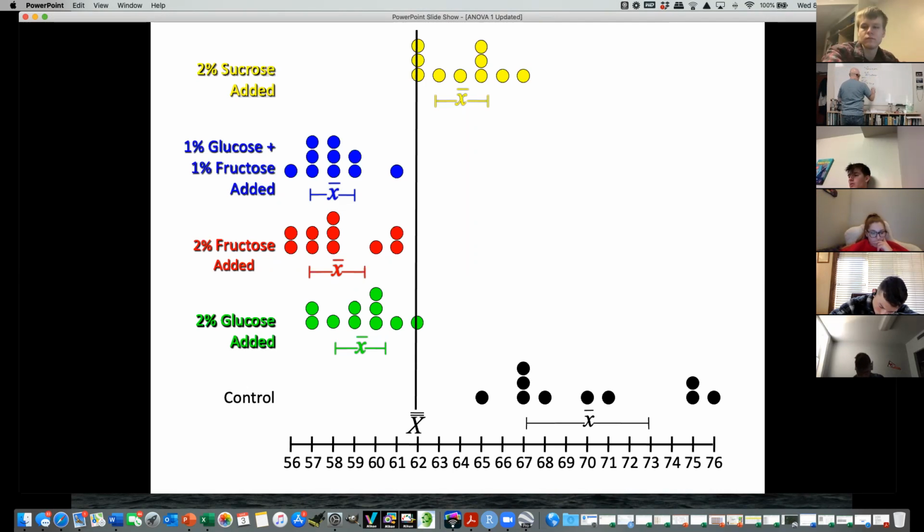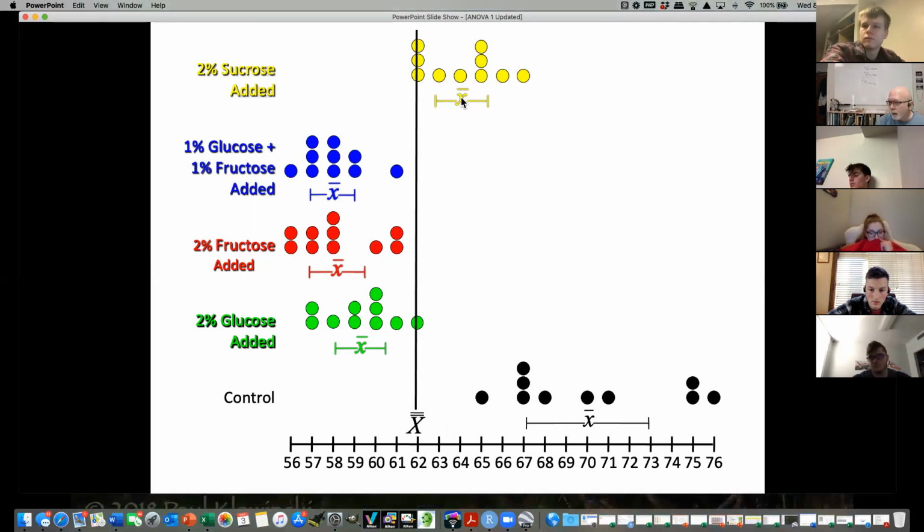Because the overall variation in this data set is influenced by 2 forms of variation. It's influenced by how the treatment drags the within sample observations away from the grand mean. How does 2% glucose drag these observations away from the grand mean? How does 2% fructose drag these observations away from the grand mean? How does 2% sucrose drag these observations away from the grand mean?